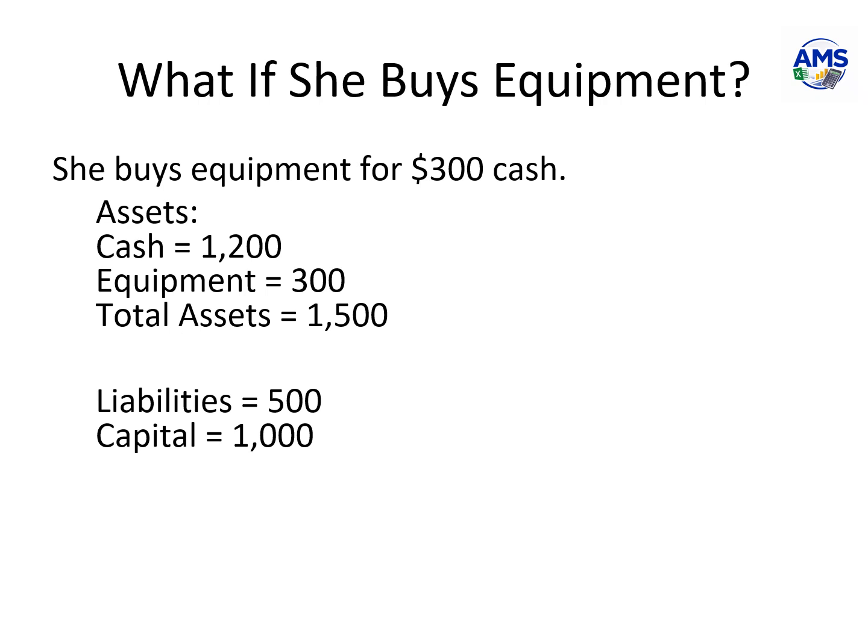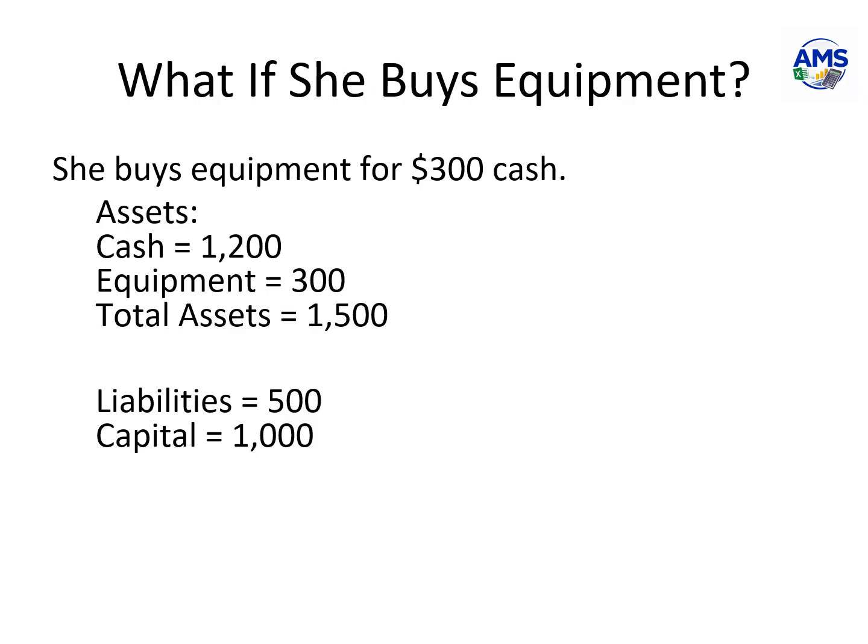So the cash has reduced from 1,500 to 1,200 because out of the cash of 1,500, she bought equipment for 300. And we have the equipment as part of assets, which is $300, showing what she bought.